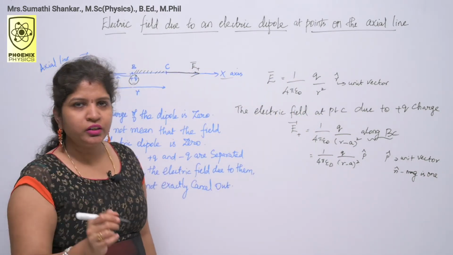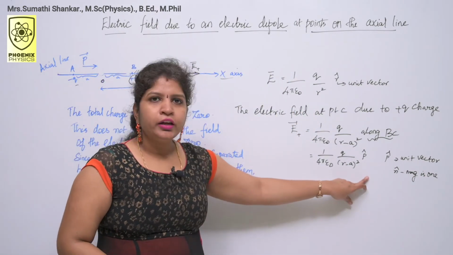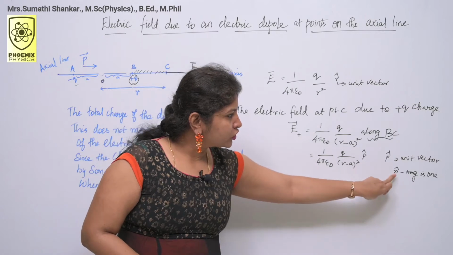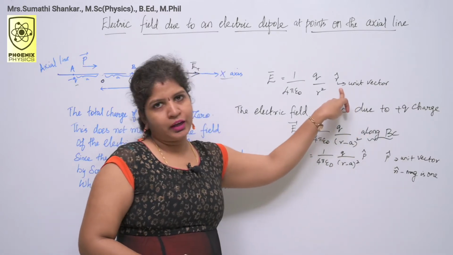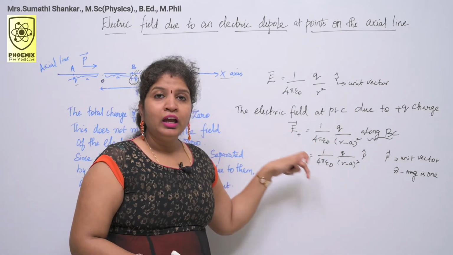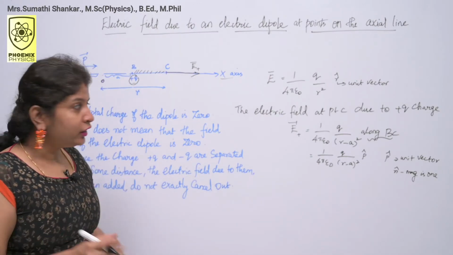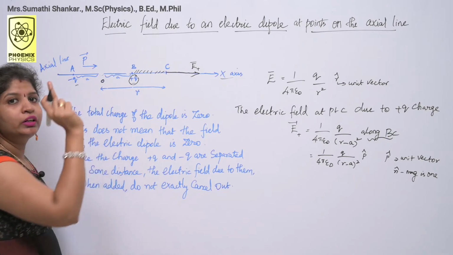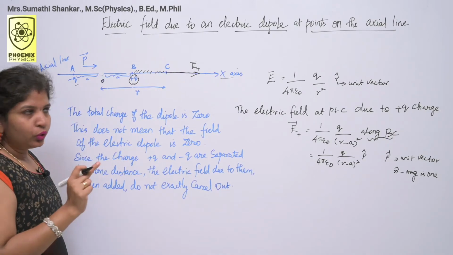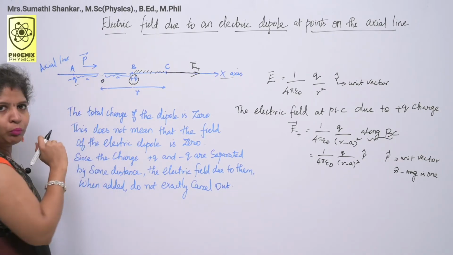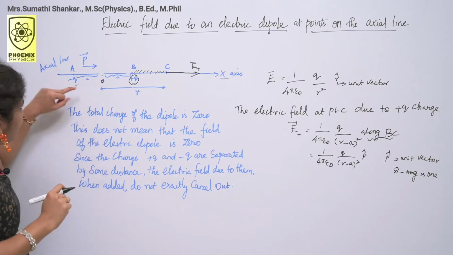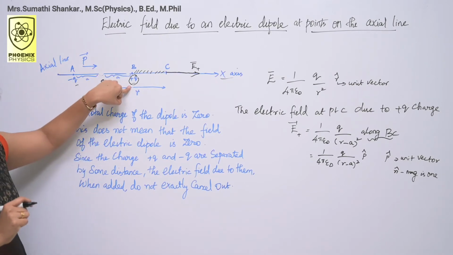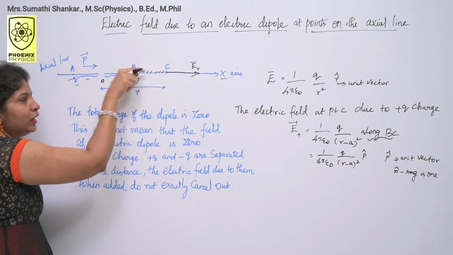But my question is, why did I put p cap instead of n cap or r cap? Because we are going to calculate the electric field at point C due to the dipole. So you know that the dipole moment direction starts from minus Q to plus Q. The direction is along the BC direction.